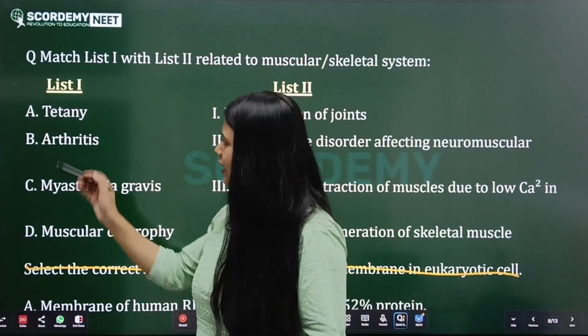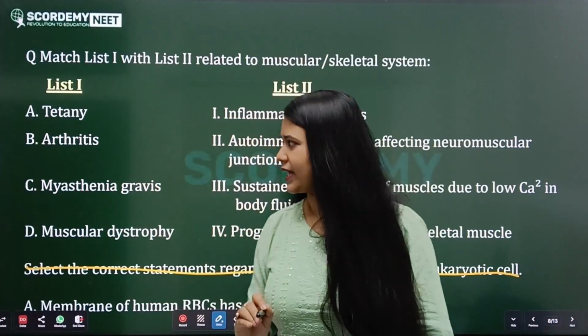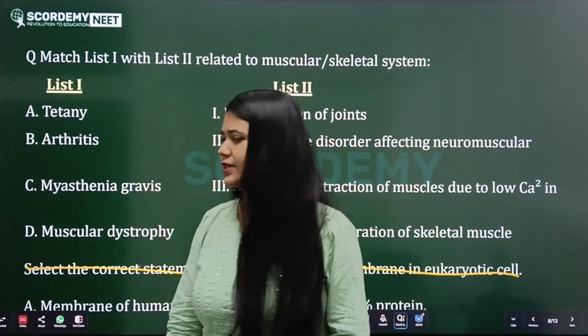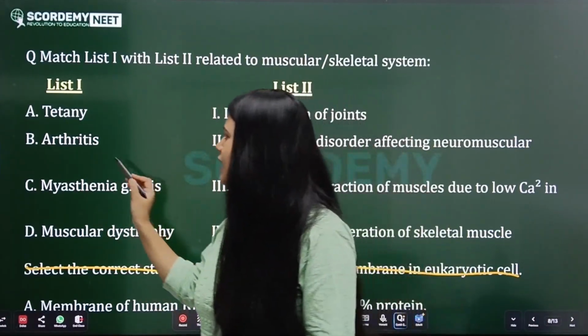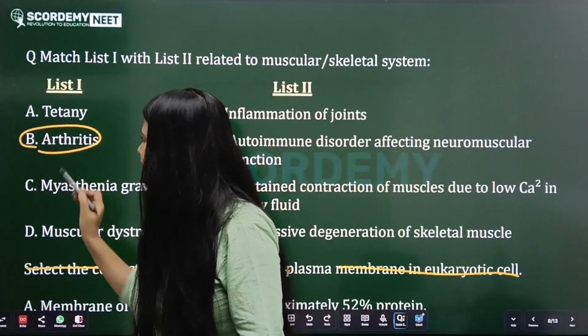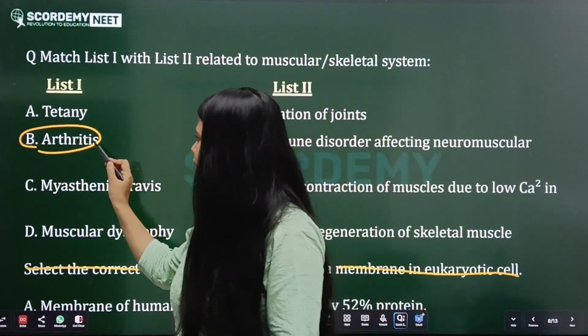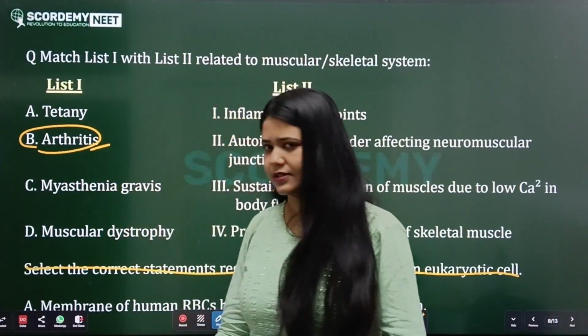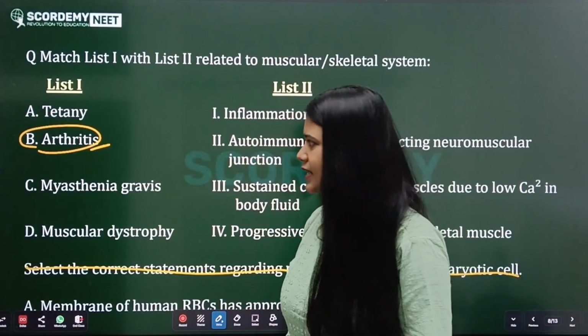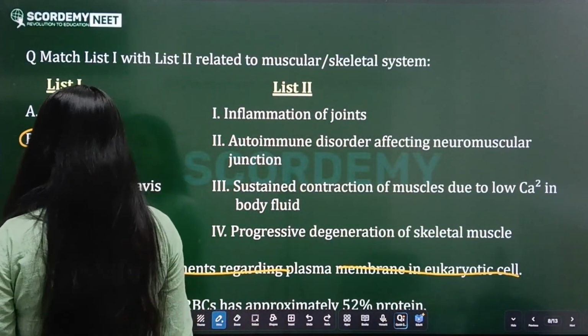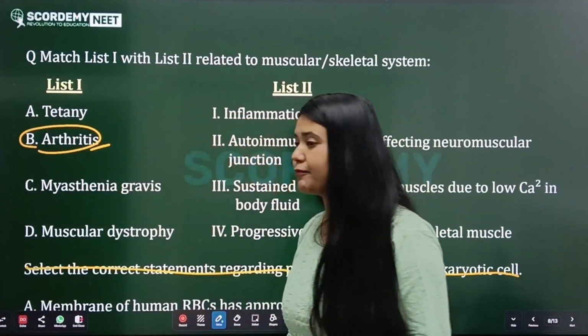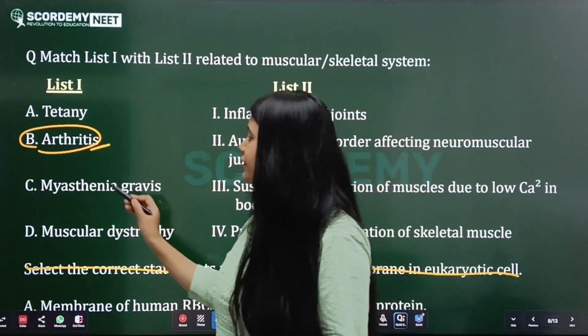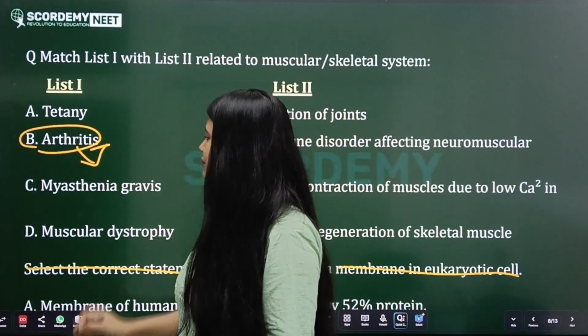Okay, I know one thing: among these 4 options, every one of you knows the answer of option B, that is arthritis. Am I correct in my assumption that almost 90 to 95% of students are familiar with the term arthritis?